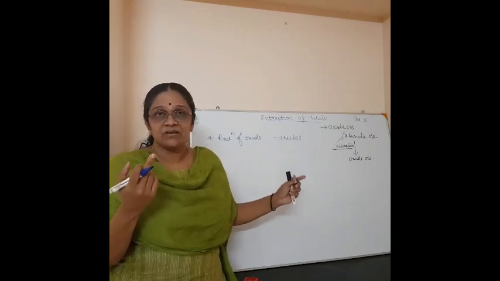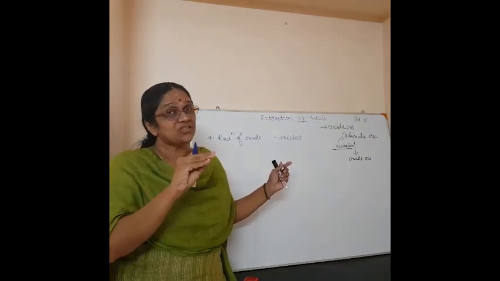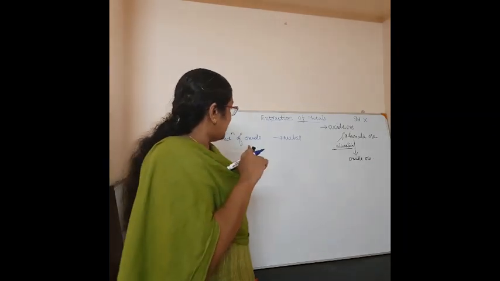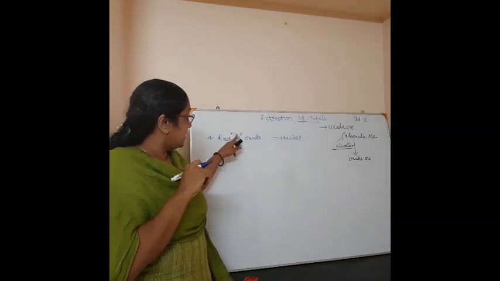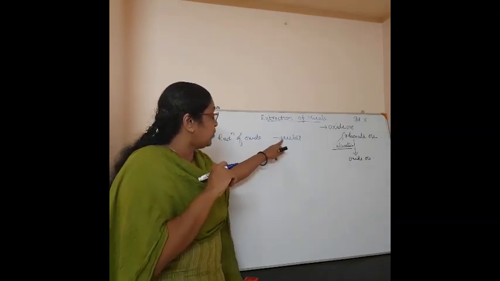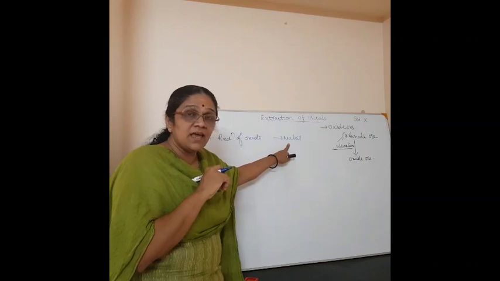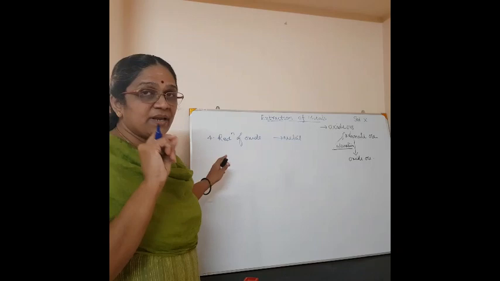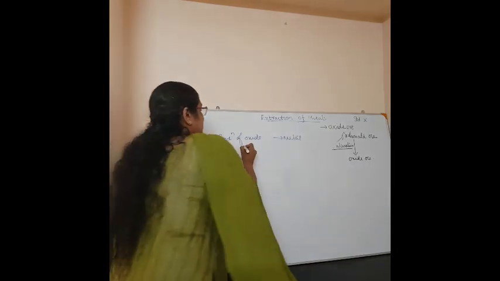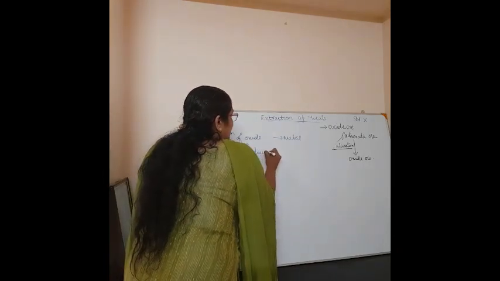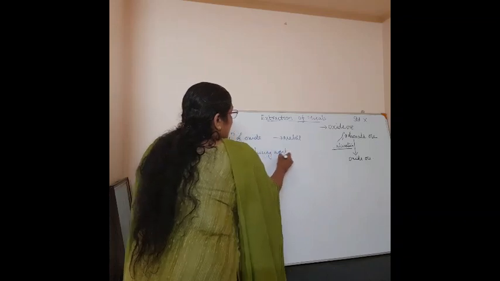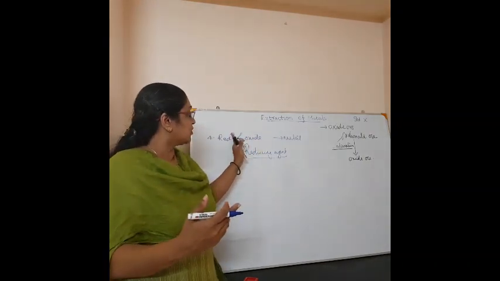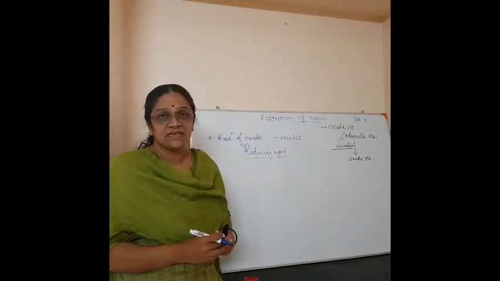So what is reduction? Addition of hydrogen or removal of oxygen. Now in this case, the reduction of oxide to a metal is taking place in the presence of a reducing agent. What is this reducing agent? Now I will talk something about this reducing agent, and after that we will go for this reduction of oxide into metal.